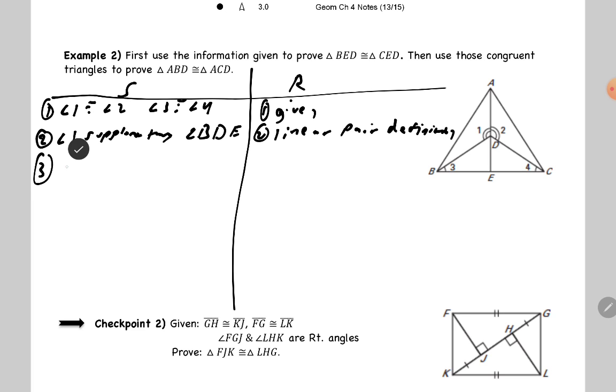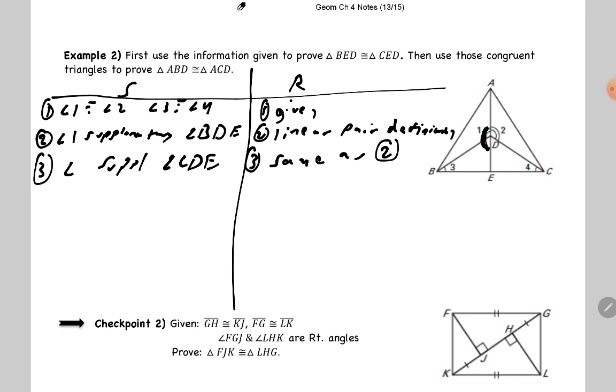3. Angle 2 is supplementary to angle CDE. Same as 2. So what we're doing here is angle 1 is supplementary to BDE, and angle 2 is supplementary to CDE.